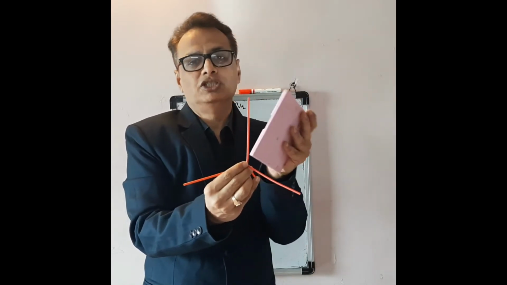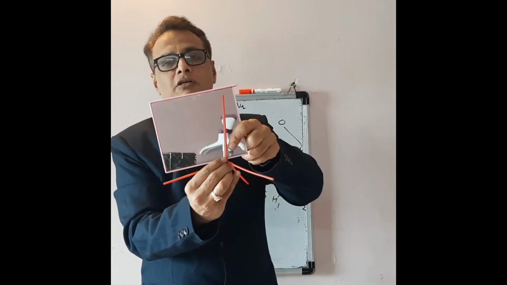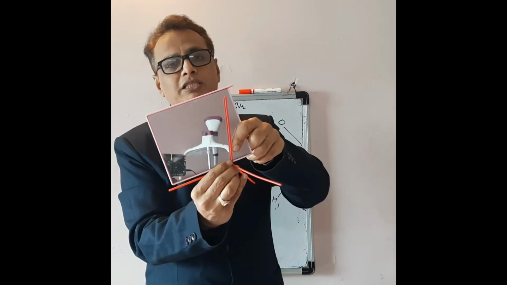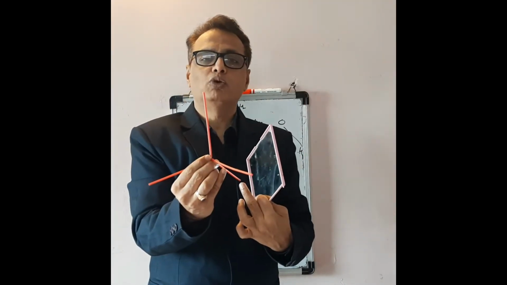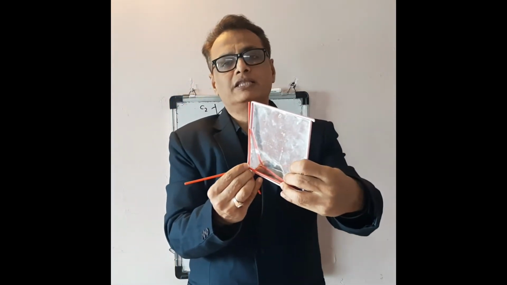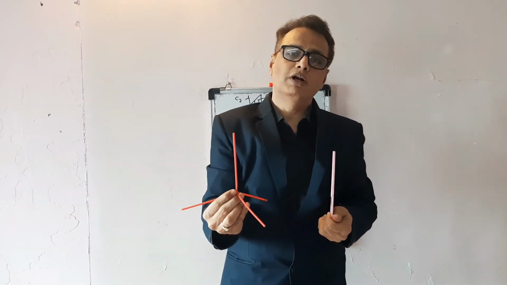This is second vertical plane which also contains principal axis, but here H2 remains unchanged, but H1 would be reflected to H3 and H3 would be reflected to H2. Similarly, this is third vertical plane. So here H3 remains unchanged, but H1 would be reflected to H2 and H2 would be reflected to H1.